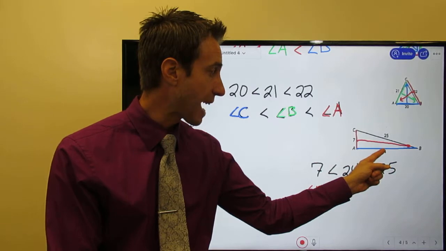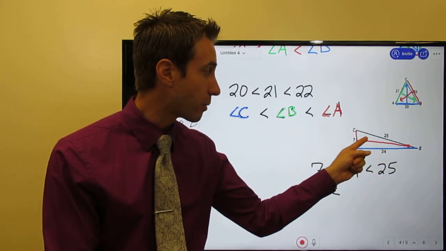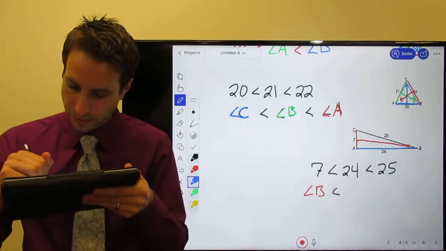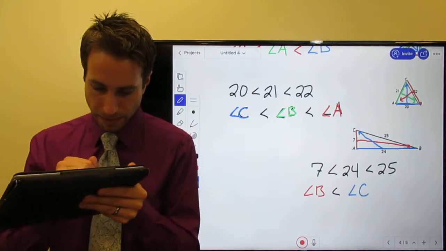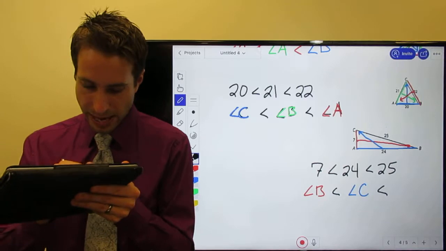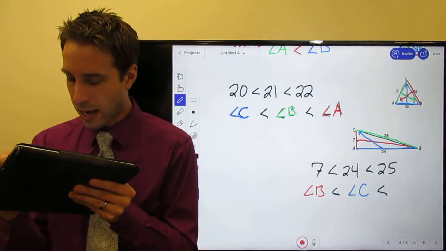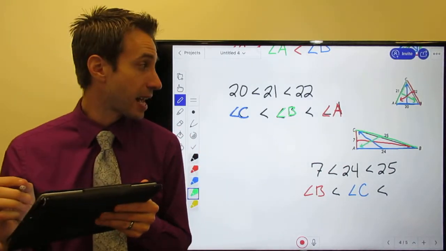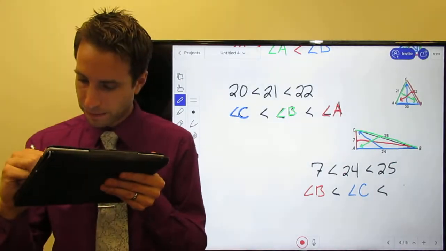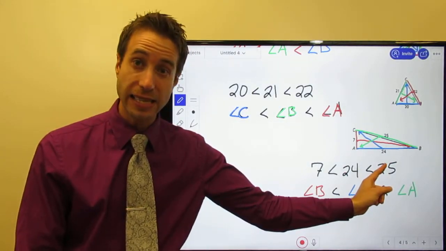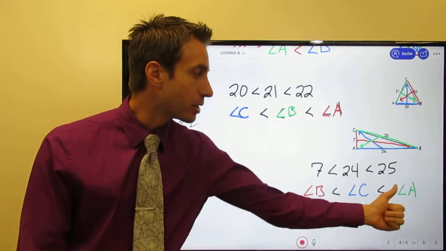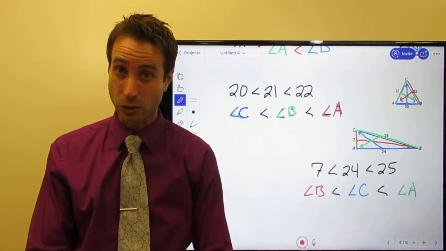That would be across to C. So, angle C, which leaves me then my third side going to its opposite angle, which is angle A. And there we go. Increasing order of size for the sides, increasing order for the angles.